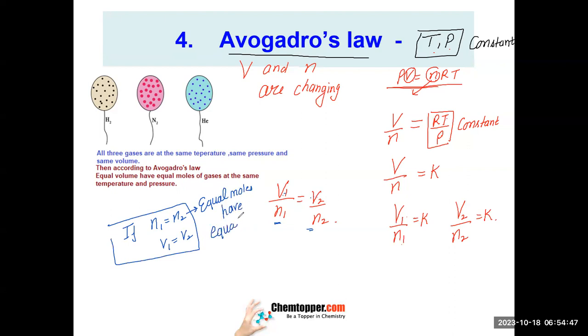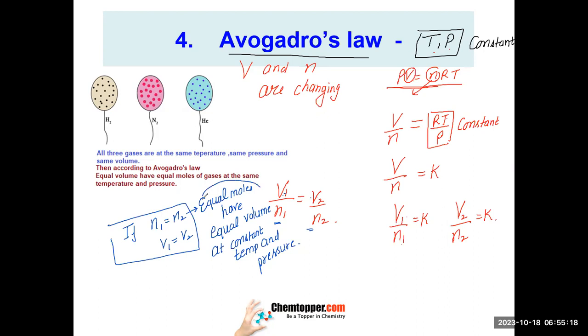Can I define it like this? If you have equal moles of a gas, then they are going to have equal volume at constant temperature and pressure. This condition is very important. Only then it is valid, otherwise no.